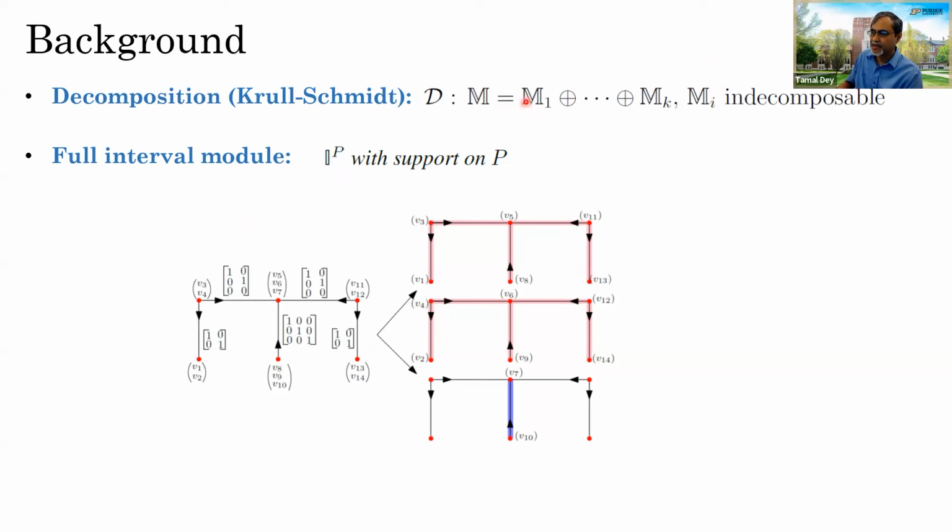One thing I'll use here is not an isomorphism, but an equality, because I'm assuming that all these M_i are submodules of M. So that's why I'm using the equality here. And again, a full interval module, as I have already defined, I'll denote as I, where the support is the entire poset P.